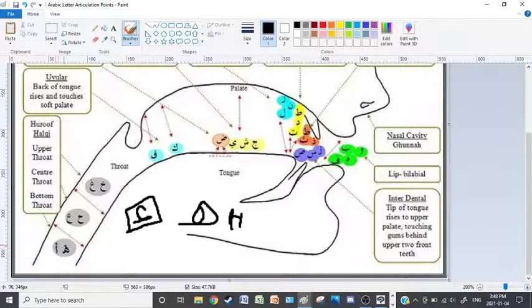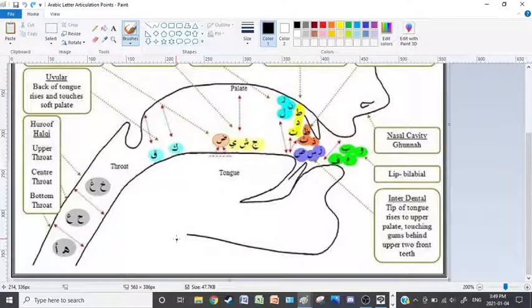And remember, it is glottal, so it is beside the epiglottis, which is at the bottom of the pharynx, before the opening of the esophagus and the trachea. So remember, you are enunciating the hamza, alif, when you pronounce it as a consonant. As a vowel, we will see how it is enunciated in the next lecture.